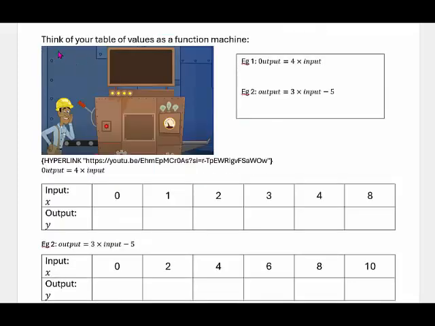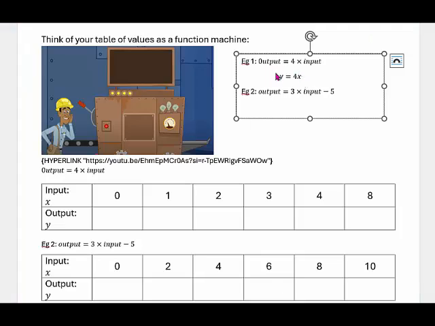When I'm doing a table of values, I like to think of it like a machine. I put numbers in, put my equation up there, and it spits a number out. So here with example 1, the number that comes out is going to be 4 times whatever number I put in.